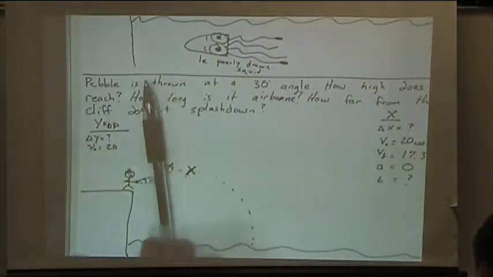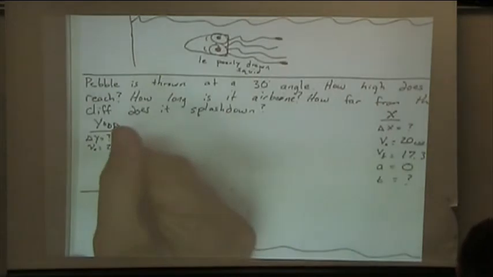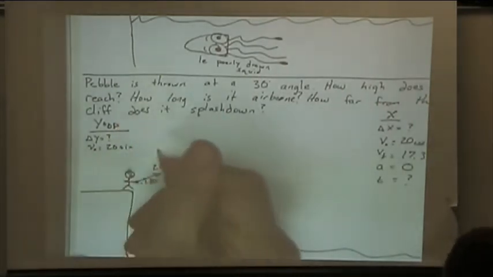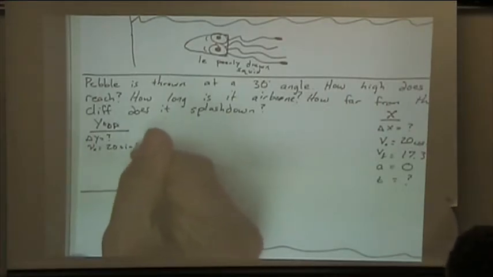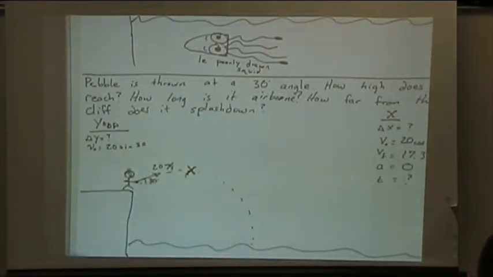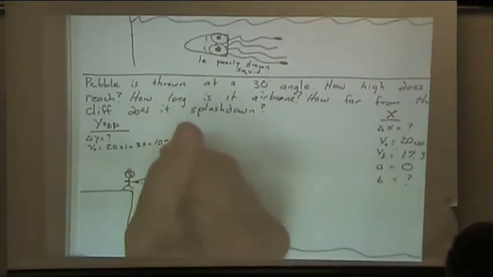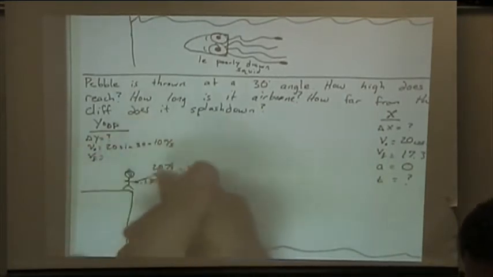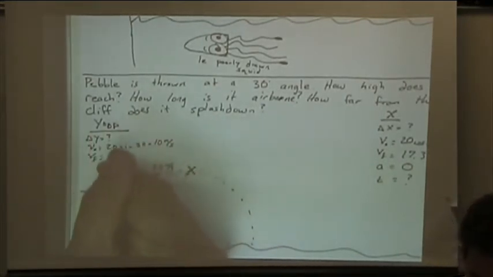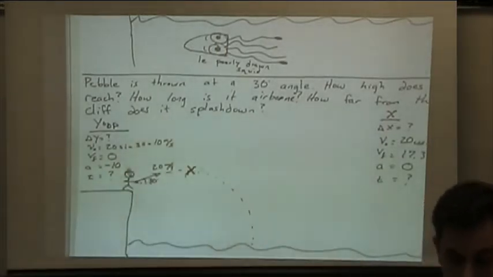The vertical component is opposite that 30-degree angle, so we're going to use a sine. 20 times sine 30 is going to be 10 meters per second. Because we're setting this list of givens up for the top of the arc, we know that our vertical VF is going to be 0, acceleration negative 10, time question mark.